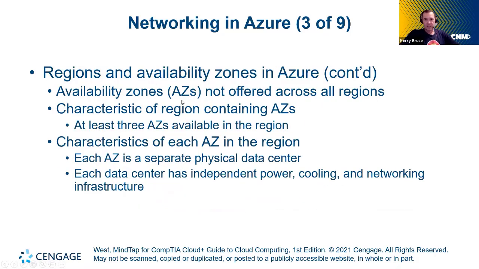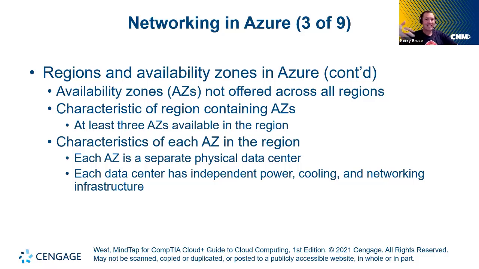Availability zones. Okay. So they do have availability zones, but they are not offered across all regions, right? So Azure has more regions, but they have less redundancy across those regions, right? So they have a whole bunch more, but they may have regions that don't even have what they would term an availability zone.